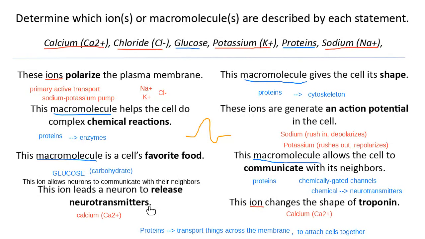Okay. One last clarification on the other question, on the top of this one. The ions generating the action potential, I always had it in my mind as the very first ion that caused the action potential to happen, the one that pulls the trigger.